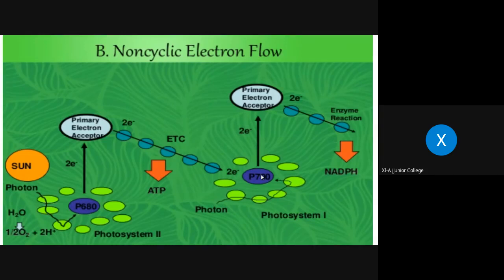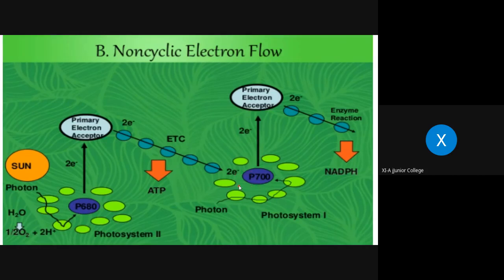From one electron acceptor they are accepted by another, and at the end accepted by pigment system 1 of wavelength 700. So these electrons released from pigment system 2 are accepted by pigment system 1.